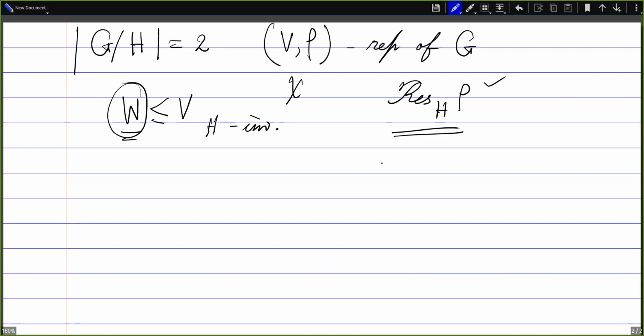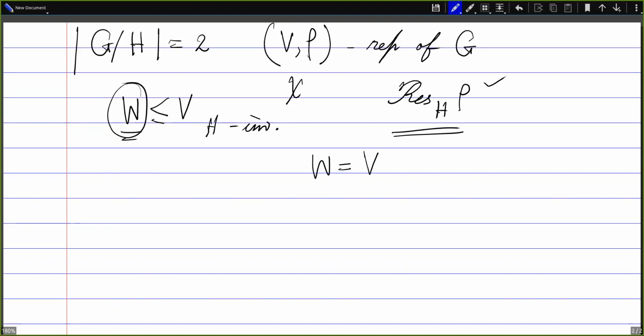So what are the possibilities? The first possibility is that W could be V as well, because when you restrict that to H, the representation of H on V could also happen to be irreducible.